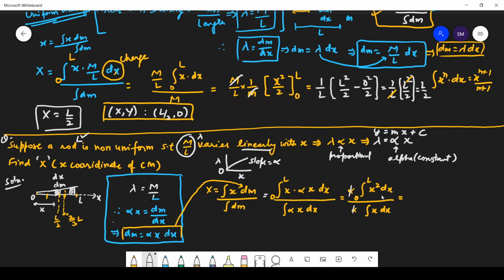And now what is x square dx? So you know this formula of the integration.